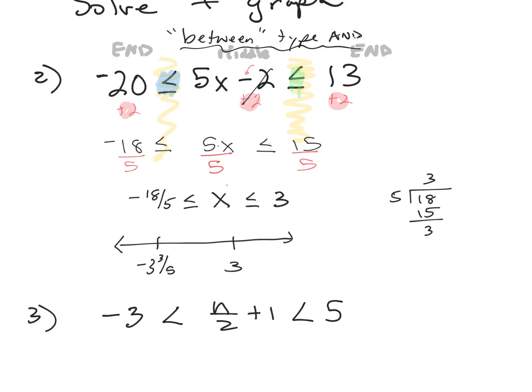This means all the numbers that are in between negative 18 fifths and 3. And don't we have an equal to symbol underneath there? So doesn't that have to be solid? And if you forgot how to change an improper fraction to a mixed number, you can just leave it as negative 18 over 5 if you're struggling with that.